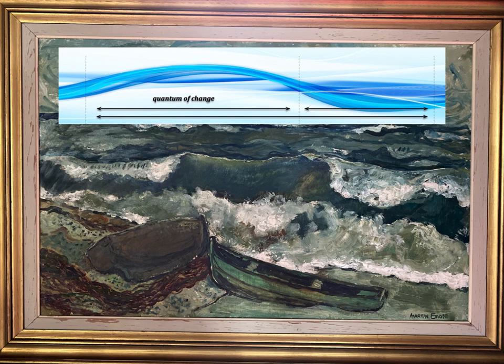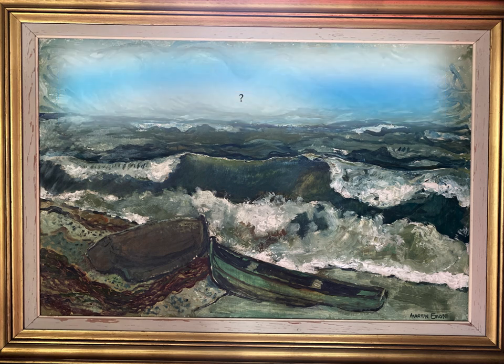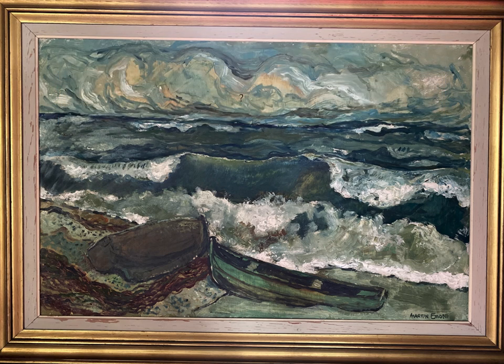So this wave motion may invite us, as an illustration, to think about how a seascape is represented. How would you represent this linguistically? What would be a quantum of change, for example, in representing waves thundering in, hitting the shore of the beach?